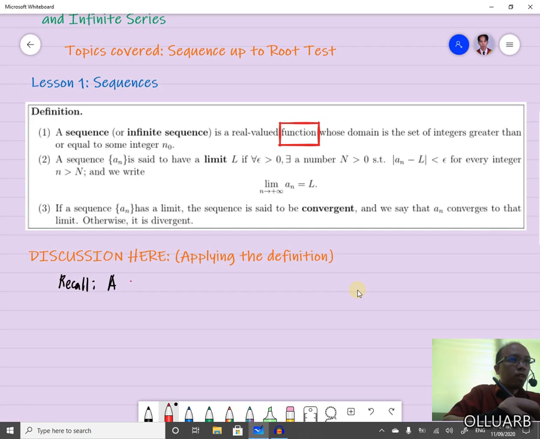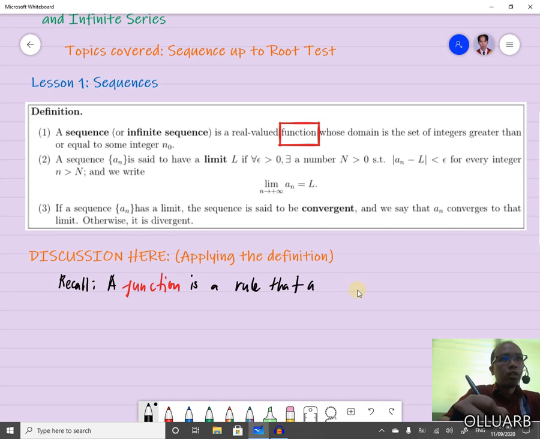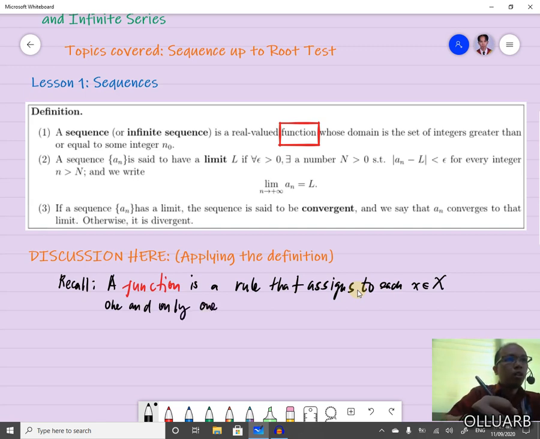Let's try color red. A function is a rule that assigns to each element x, small x, in the domain one and only one element y in the codomain.